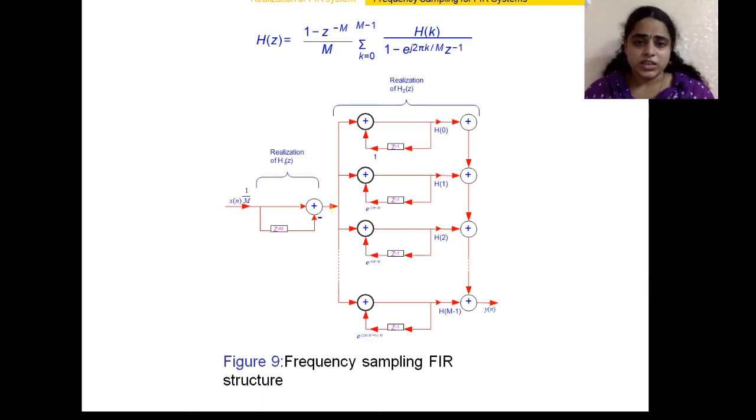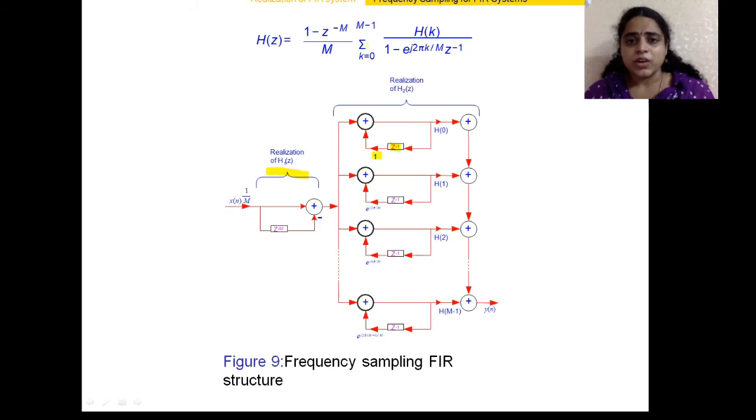So if you consider here, this is the realization of H1 of z. 1 by M is a constant, with 1 minus z power minus M. Okay, this can be written like this. By expanding each and every summation over here, substituting first k equal to 0, h of k divided by 1 minus e power 0 times z inverse, it will come as 1 minus z inverse. The coefficient of z inverse is 1, which is represented over here.